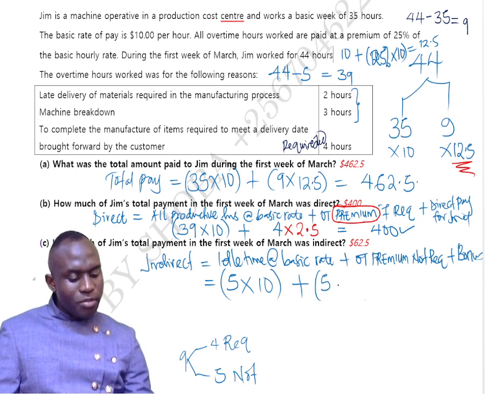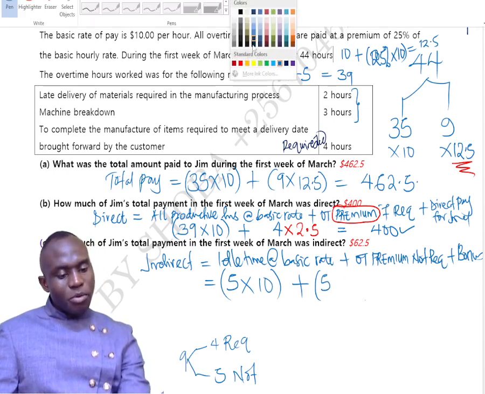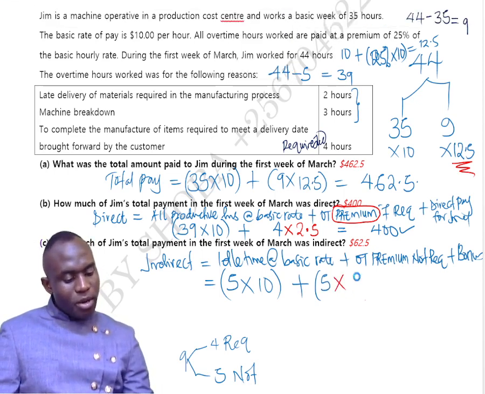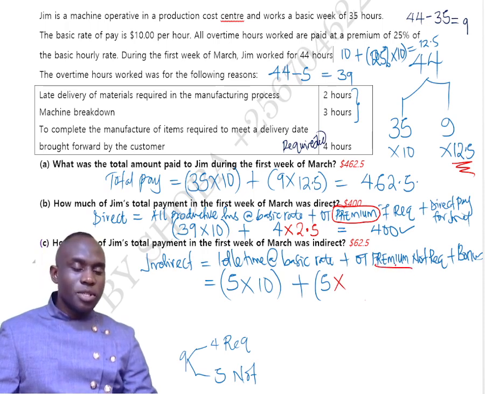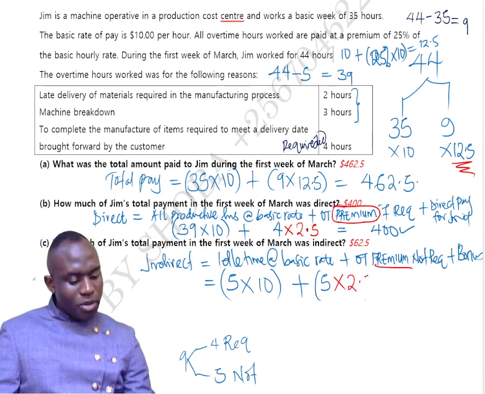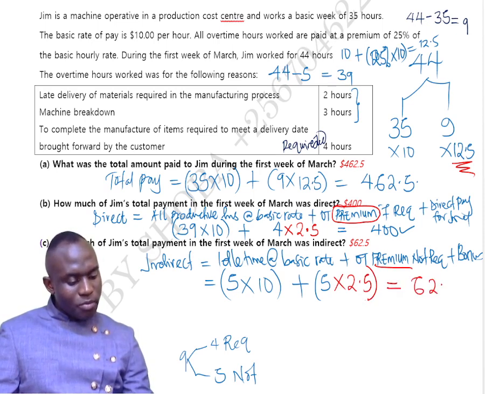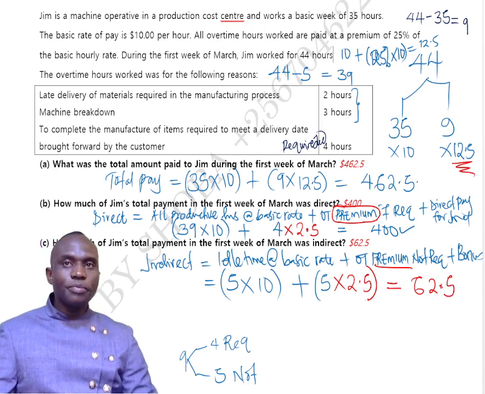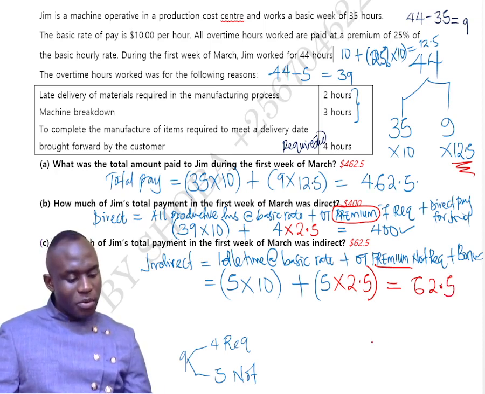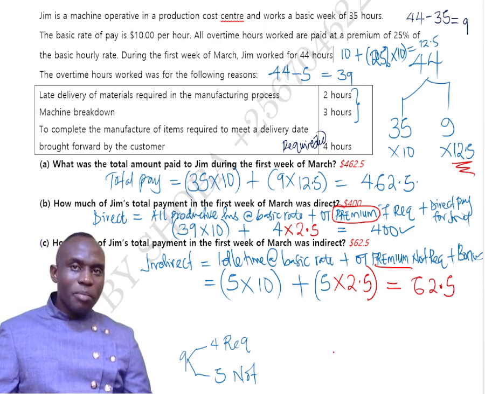So it is 5, but still it will be 5 times only the premium. And premium is the increment, so times 2.5. We don't have bonus. So when we work out this, we get 62.5. So you can clearly see that when you add up total payment, you get direct and indirect.